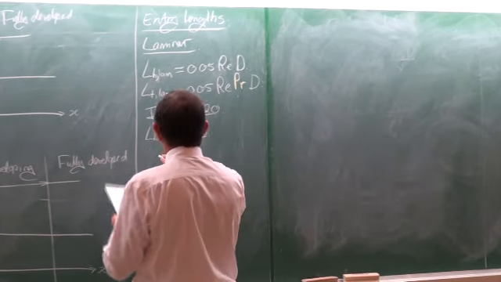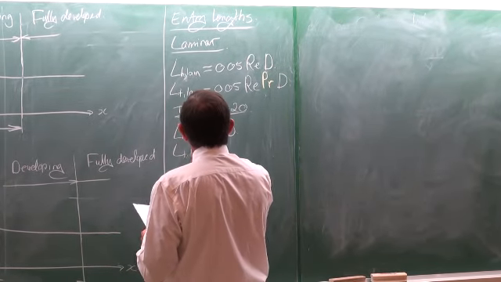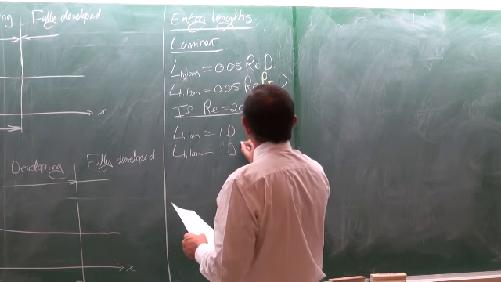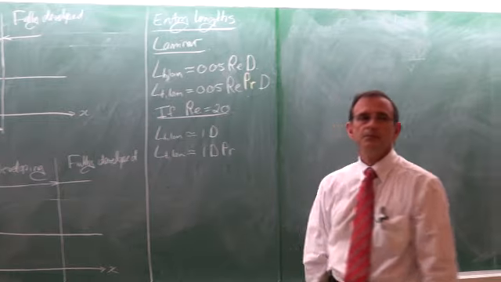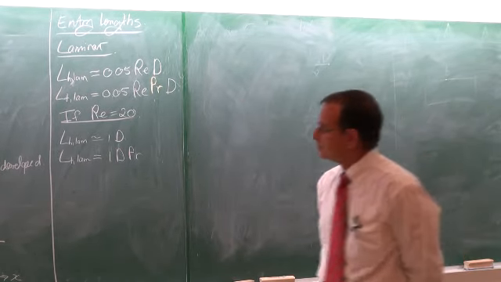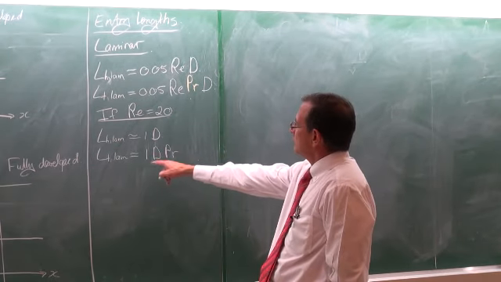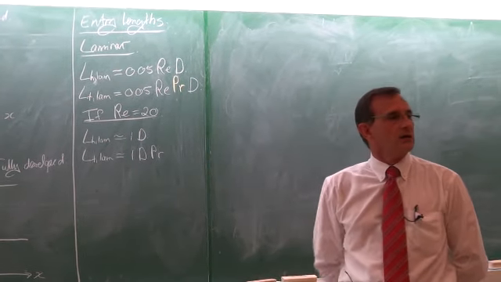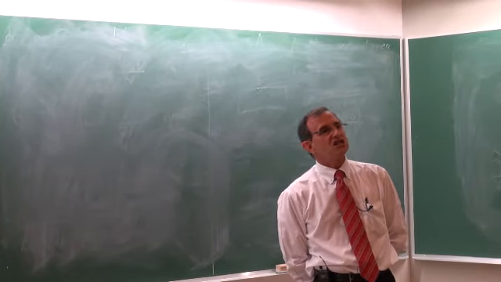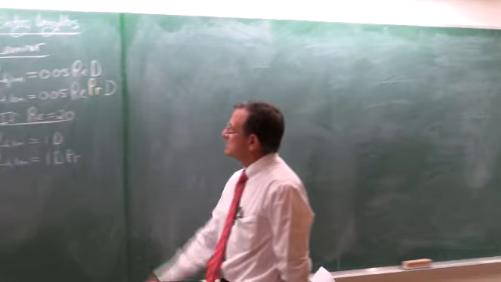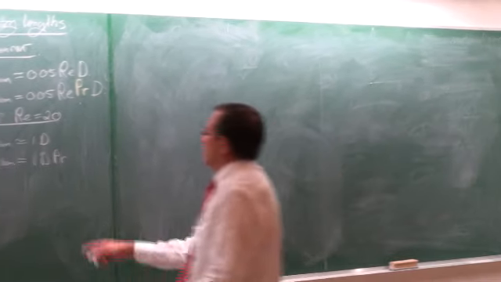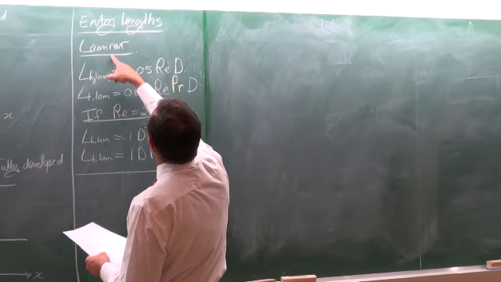That's very low flow. LT would be equal to 1 times the diameter multiplied by the Prandtl number. Prandtl number of air is about 0.6, so that would be 0.6 times the diameter. If it's water, the Prandtl number of water, depending on the temperature, is about 6 to 7. So then it would be 6 diameters.